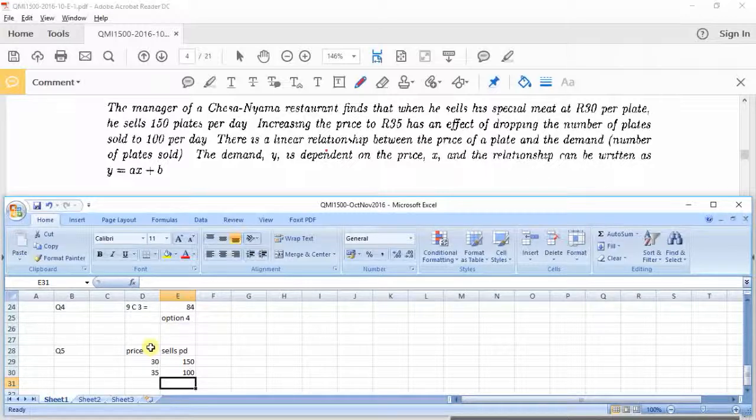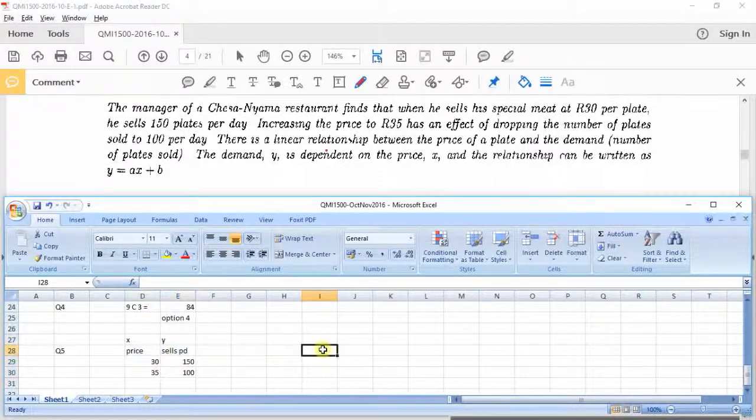The demand is Y, the X is the price. So now I've got 2 points.